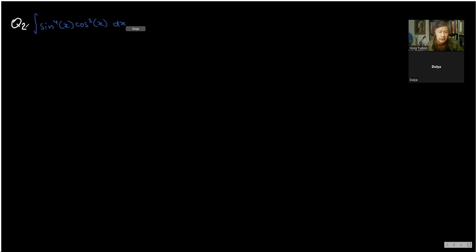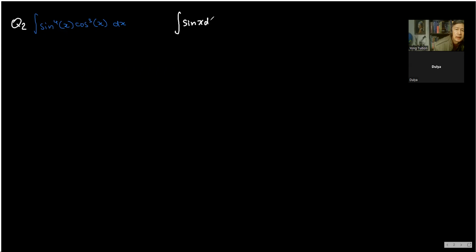Right, try sine, cosine. Yes, that's another type of question, another function to be integrated. So what's your strategy? Sine, cosine. The basic formula we have is this, right?